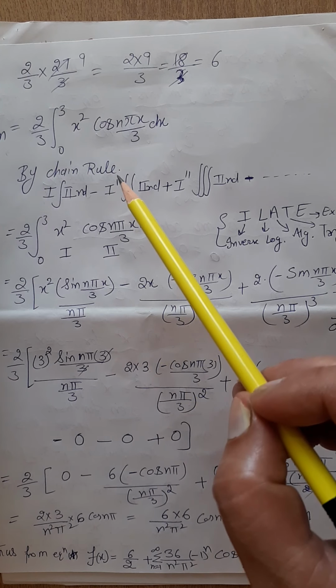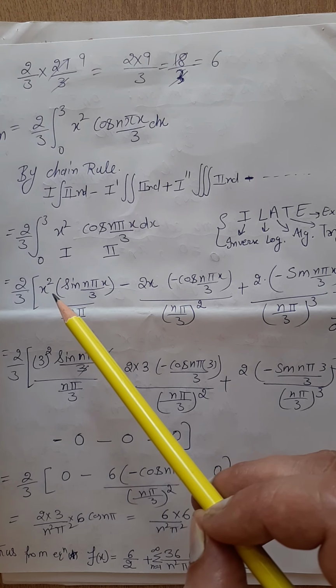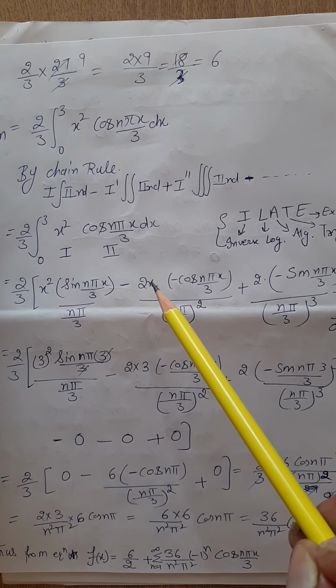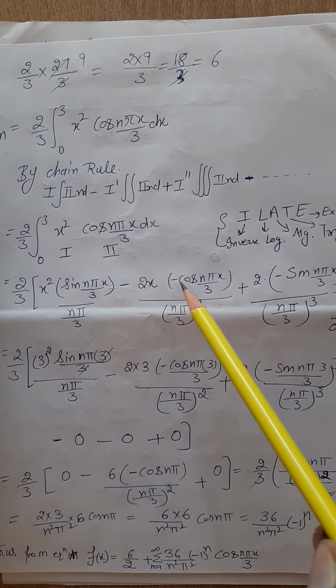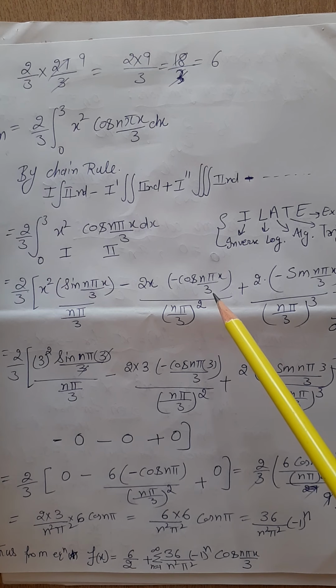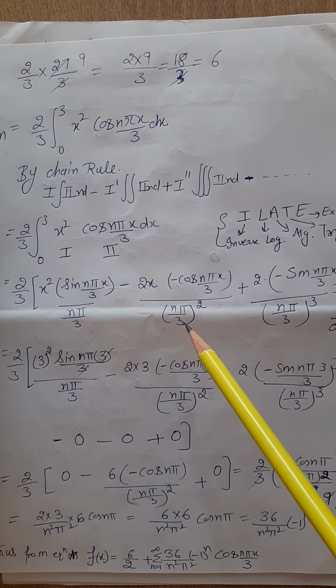After that, we take the derivative of x square, which is 2x, and the integration of sine is minus cos(n pi x upon 3), and we write the coefficient n pi upon 3 again.